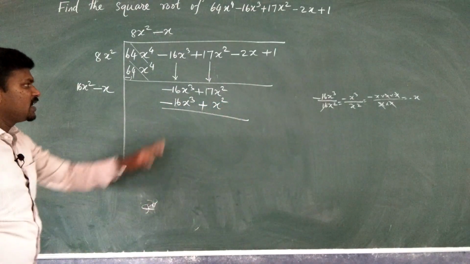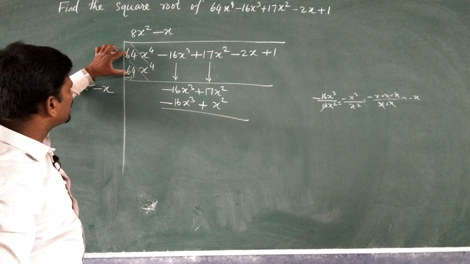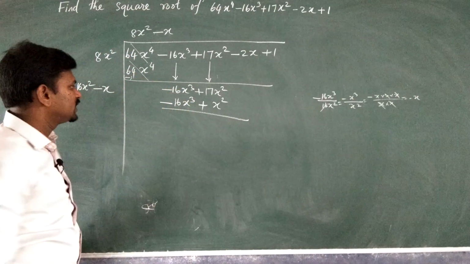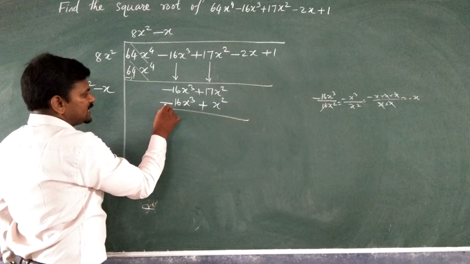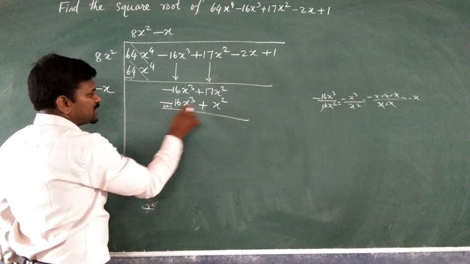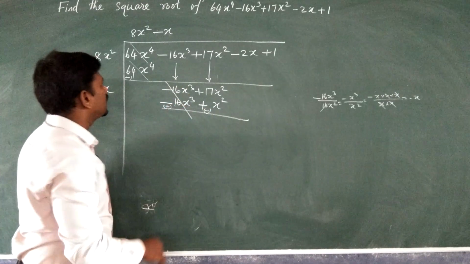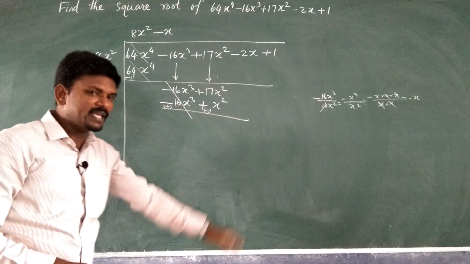Understand? These two terms are the same, like that the terms will be the same. Then change the symbol, minus becomes plus, plus becomes minus, opposite signs will cancel. Always the first two terms will cancel.